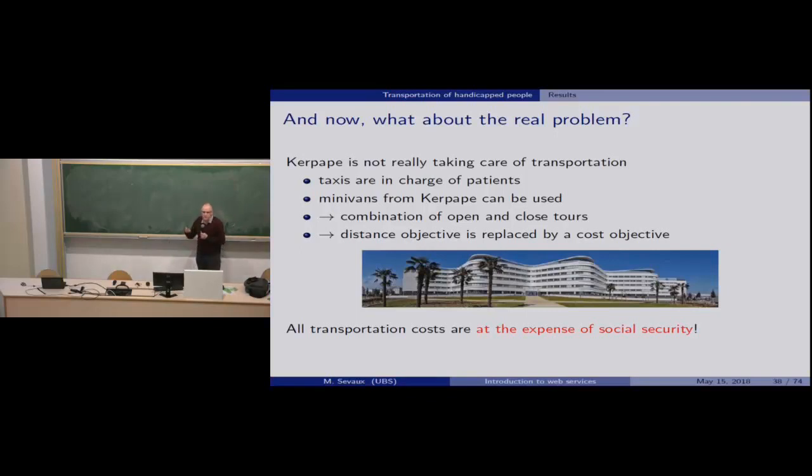And then we discovered by talking to people that in France, this is by law, all transportation of patients is at the expense of the social security. So basically, the medical unit does not care about the cost because the cost is paid by somebody else.